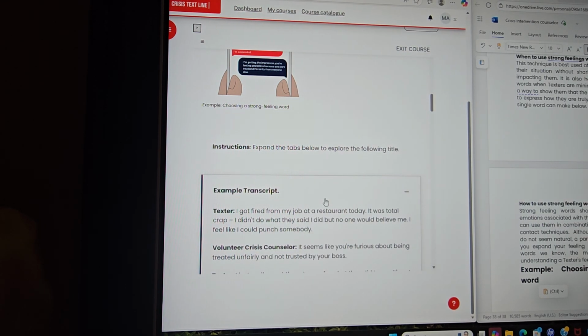Texter: I got fired from my job at a restaurant today. It was a total crap. I didn't do what they said I did, but no one believed me. I feel like I could punch somebody.